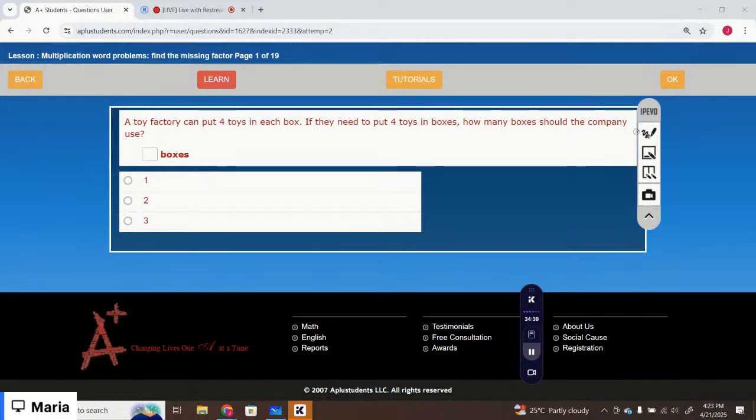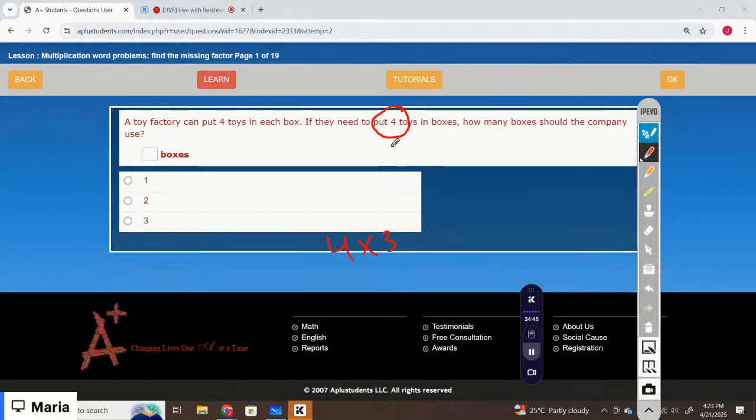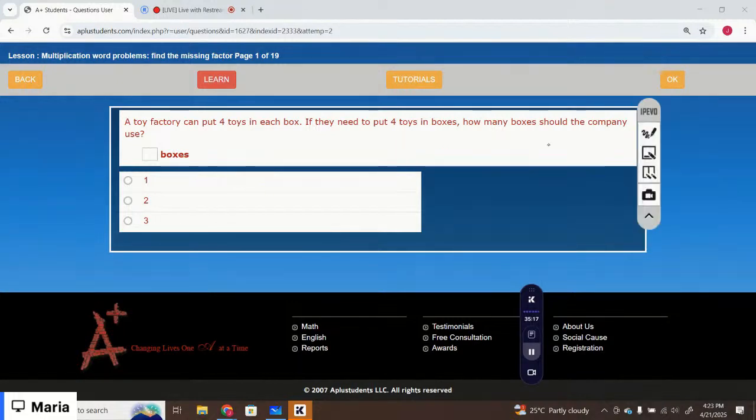So one times four is four. That means they only need one box to put four toys. Option number one is the correct option. Let's just move on to the next one.